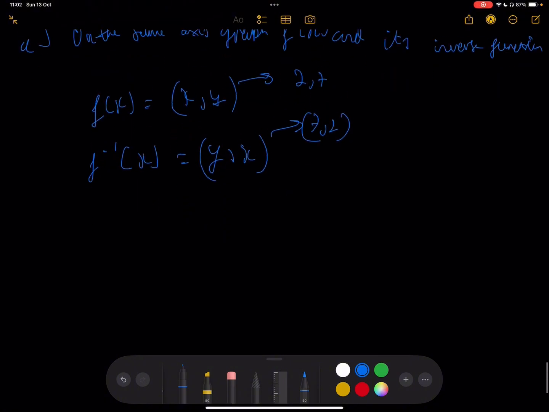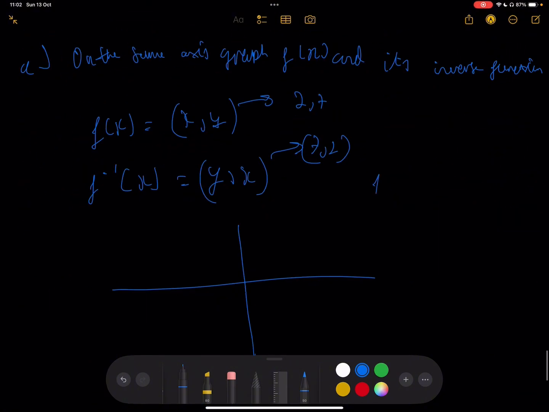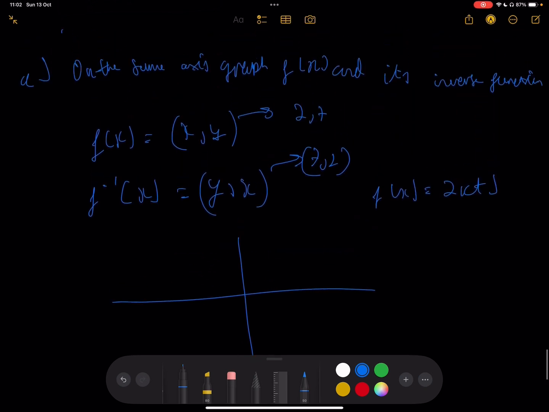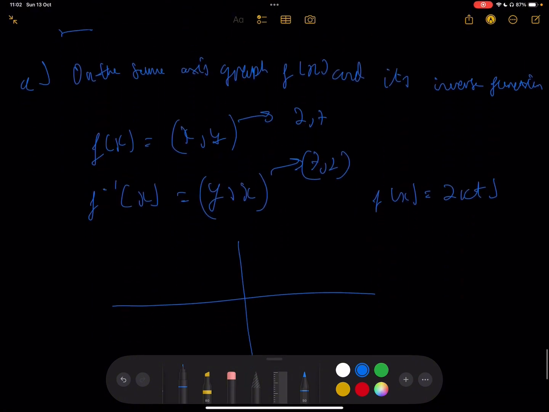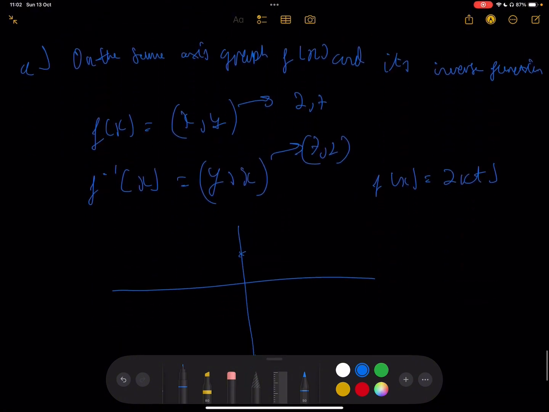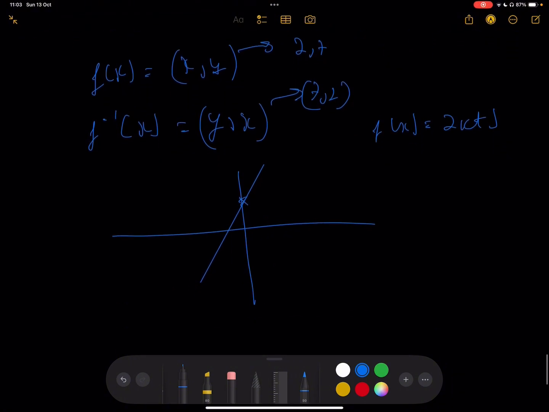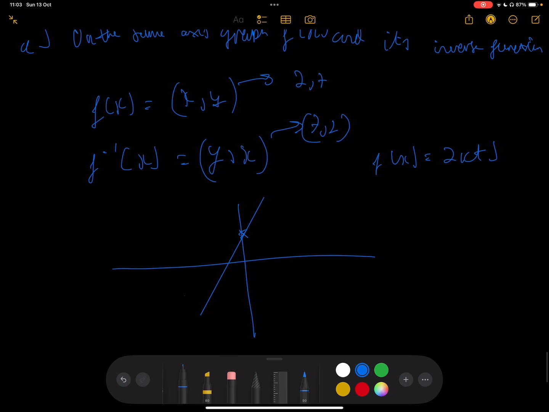So, okay, I'm going to draw it first. What's f of x? f of x is equal to 2x plus 3. So we would simply draw the function 2x plus 3. So 3 is up here, that's where it intercepts. We draw it like so. Then we also have y is equal to x, which is the line we're using to reflect.